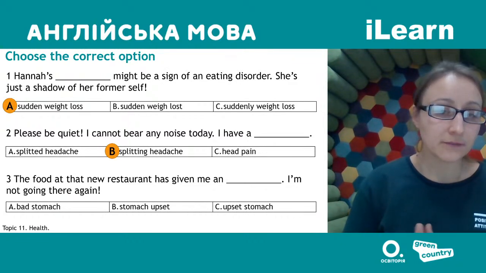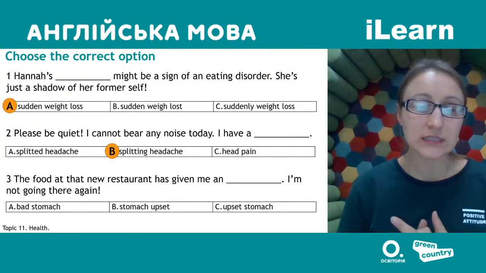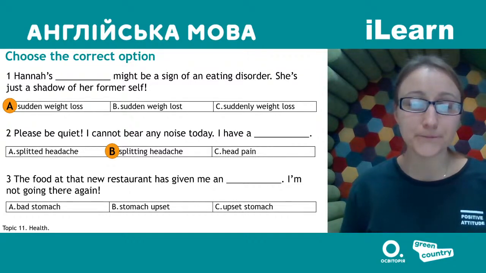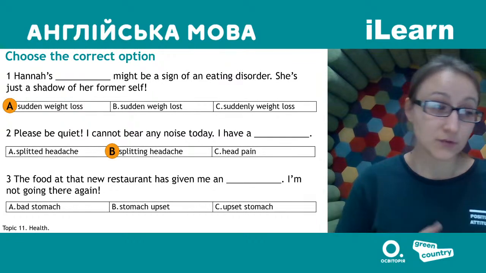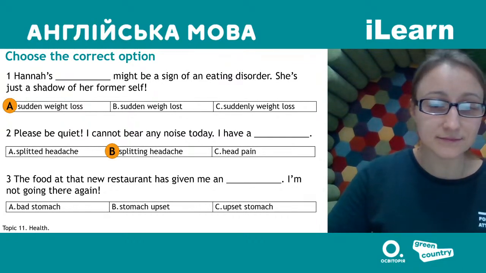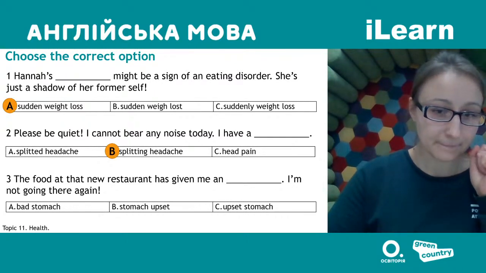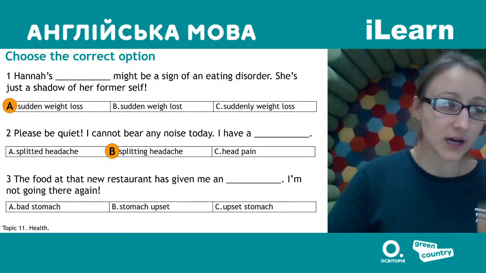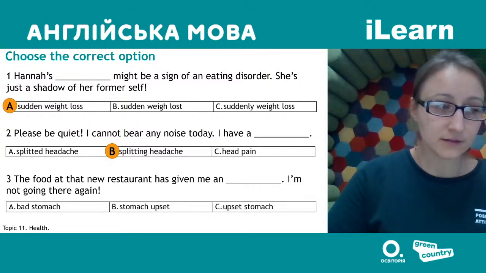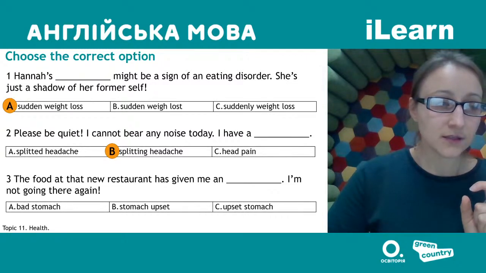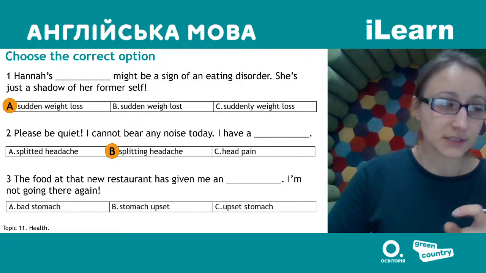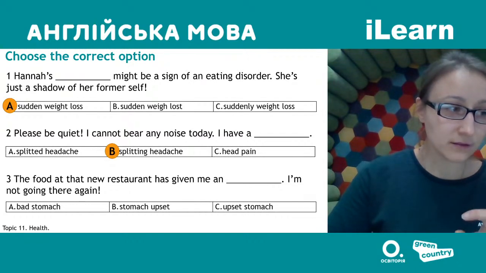Okay, number 3. The food at that new restaurant has given me an something about stomach, I think. And be attentive. You have article an. Guys, you have article an. So it can't be variant B because we have an.